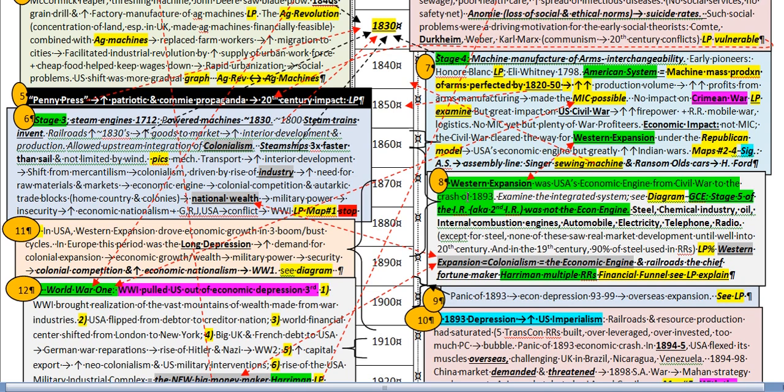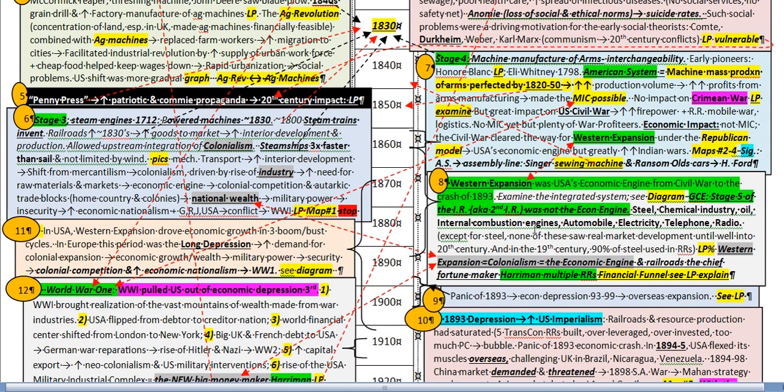And Western expansion economics was essentially the same as European colonial expansion economics. In both cases, you had industrial growth supported by increasing access to raw materials, either in colonies or in the United States West, right? And also an increasing market for distribution of goods.